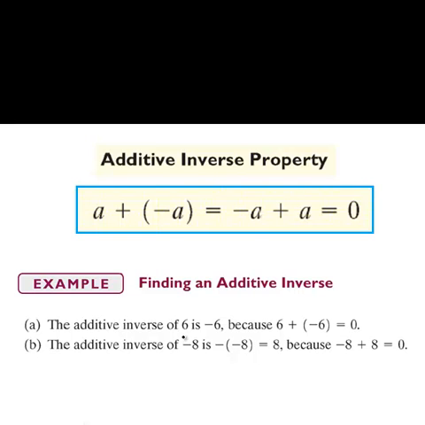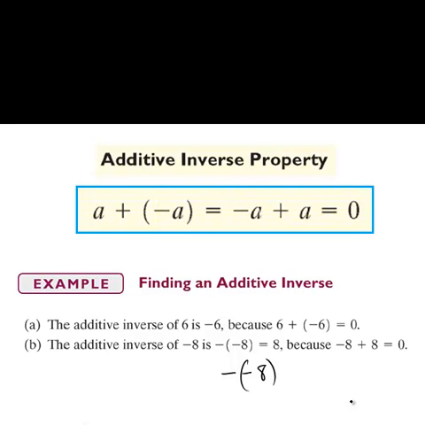The additive inverse of negative 8 is positive 8. Here's what it looks like to take the additive inverse of a number. You have the negative of a negative number, so you surround that first number with parentheses. Otherwise, it looks a little bit strange to have the negative of negative 8. So that's why we have parentheses around the negative 8.